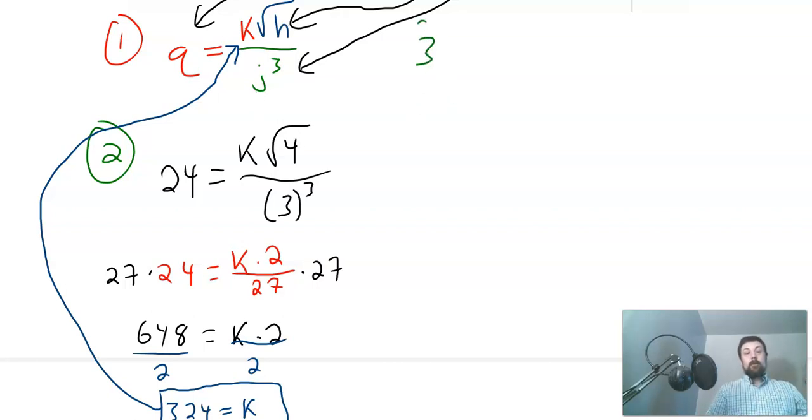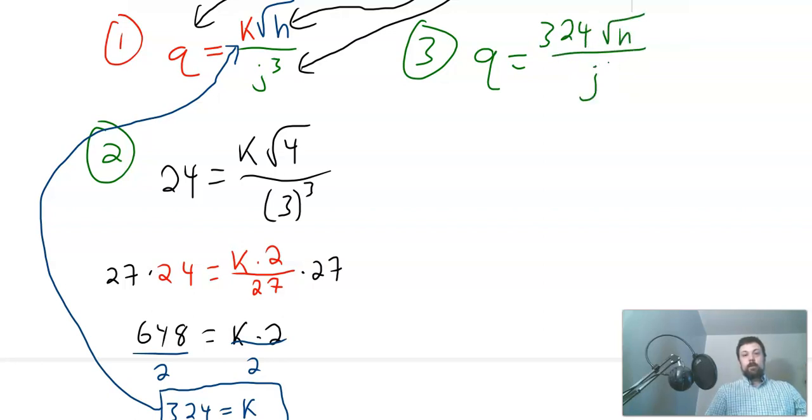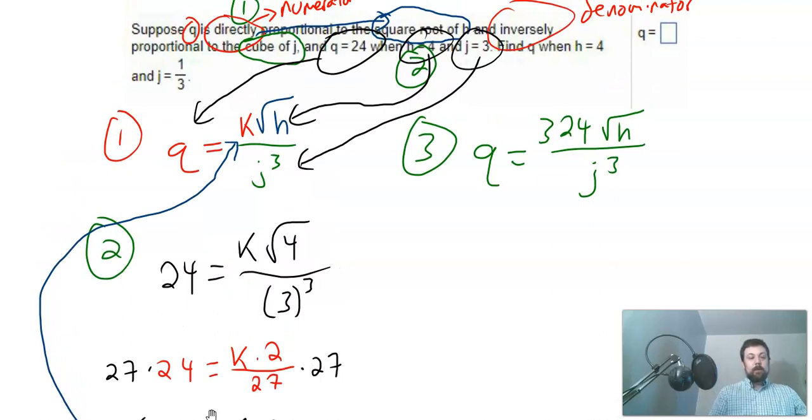Right? So for level 3, we're going to have Q equals, we have K, which is 324, times the square root of H over J to the third power. All right, now, I'm going to go ahead and scroll up so we can see these numbers. We're ready for level 3.